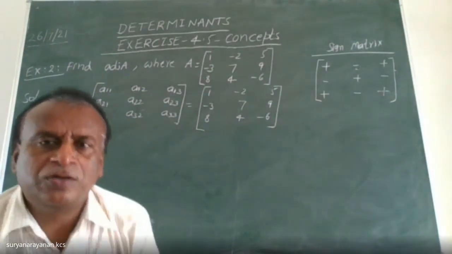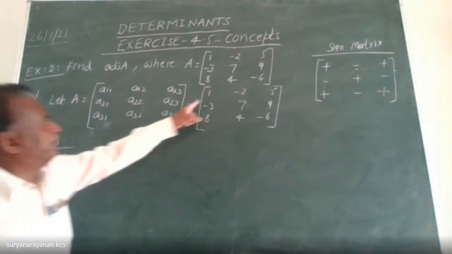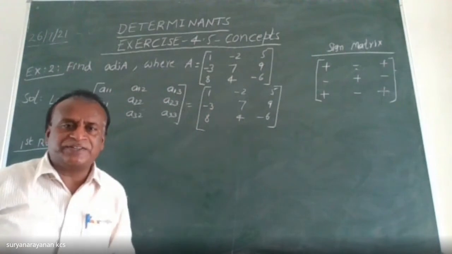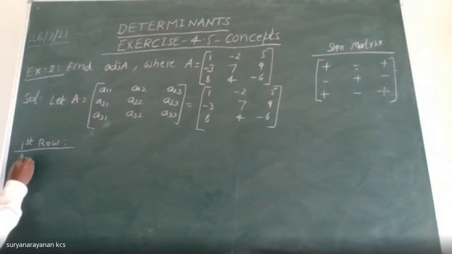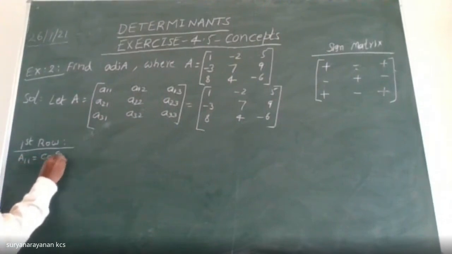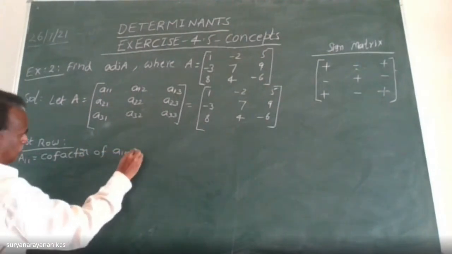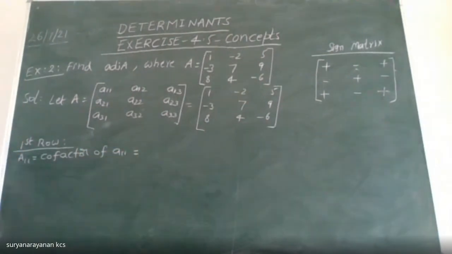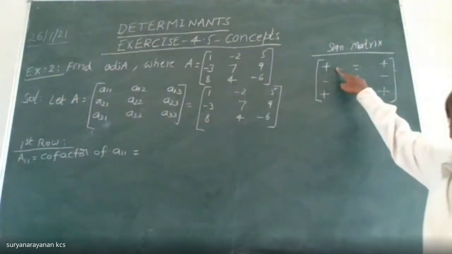Yes. Now come to this point. We are taking the first row elements and finding the cofactors of every element in the first row. What is the first step? Go to the sign matrix.